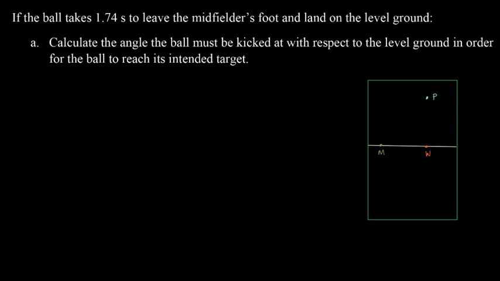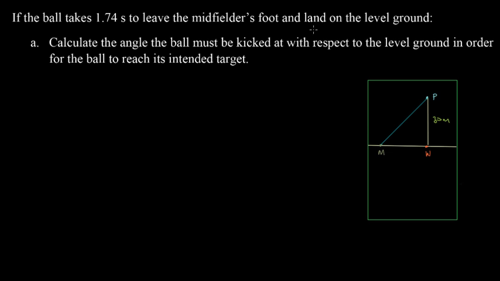So from here to here is 30 meters. And the ball will be played from M to P, which will have some distance like that.